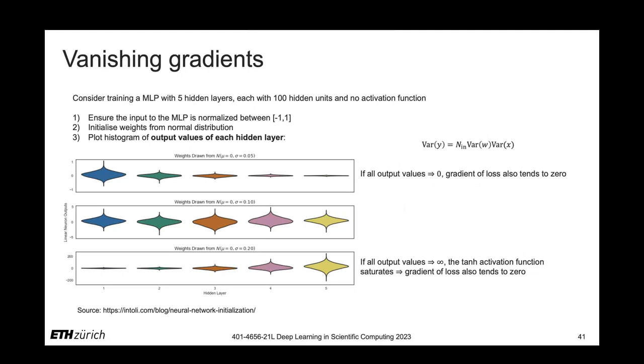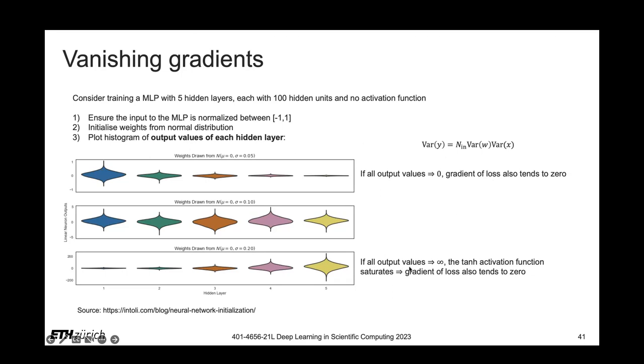Okay, so how does that affect the loss function? I said before, this effect makes the loss function flat or 0, and it makes it really hard to train. The reason is, if all of the outputs of our neural network become 0, then the gradient of our loss function also just tends to 0 because the network's basically 0 everywhere.